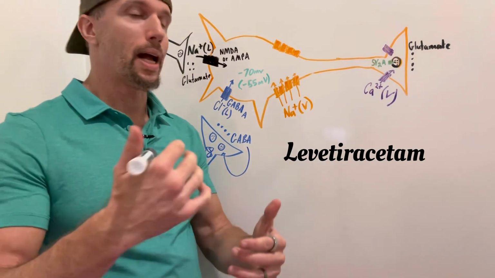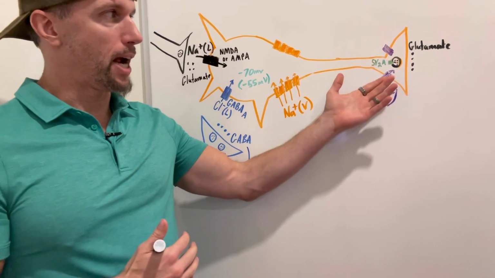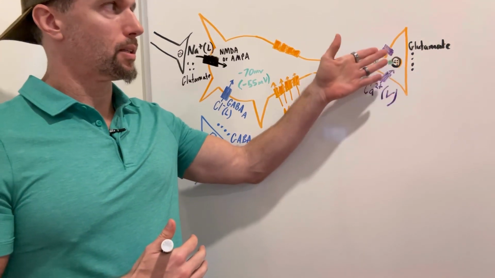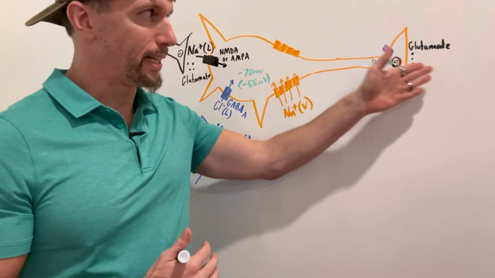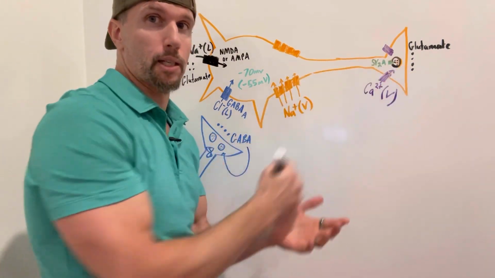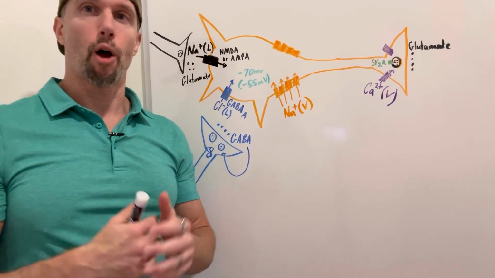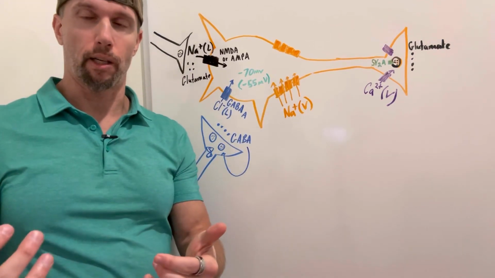It's an SV2A blocker, so it's going to block the interaction of calcium with the vesicle that's needed for it to go through exocytosis, and so you don't have the release of the neurotransmitter. That's going to help with an overactive neuron. So those are the first line drugs.